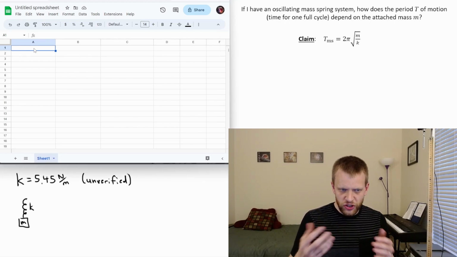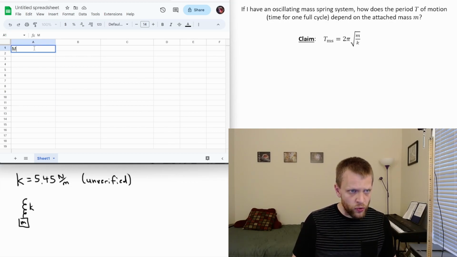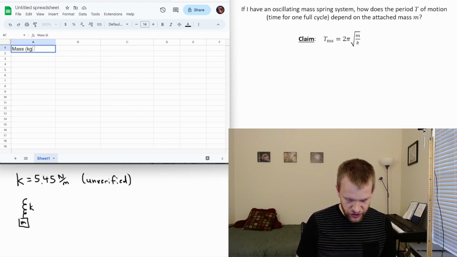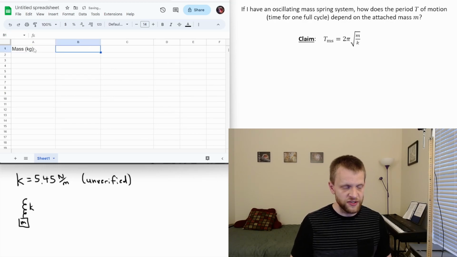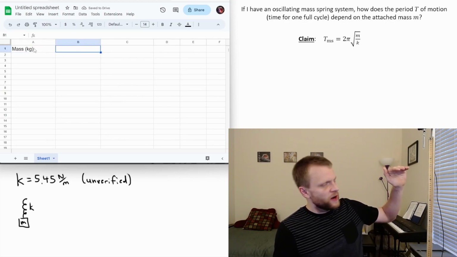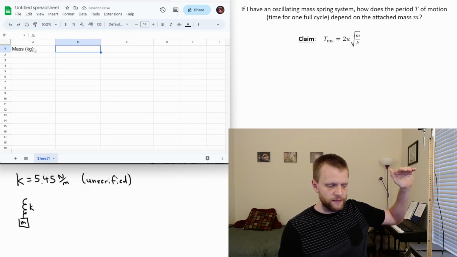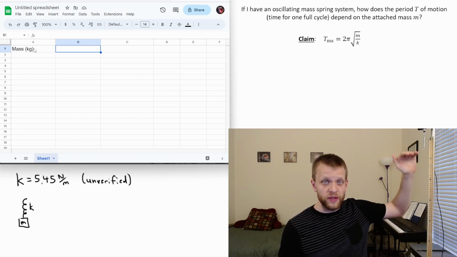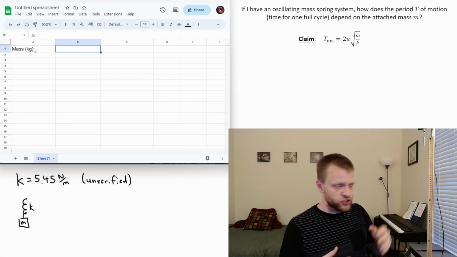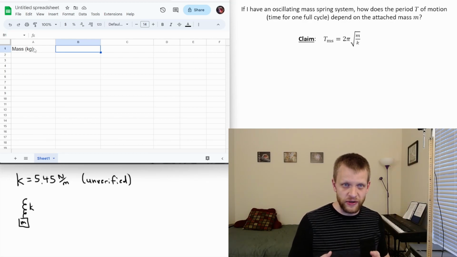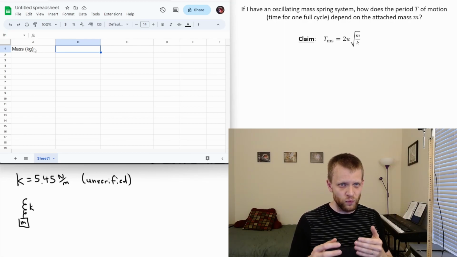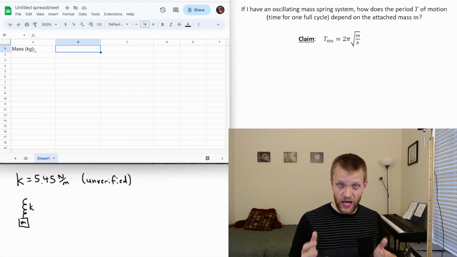Just setting up how we're going to take this data, we're going to have the mass of the object in kilograms. We're going to be recording that. If I'm trying to measure the time for each cycle of these oscillations, doing just one cycle is going to be such a short time, especially for some of the very small masses, that we're not going to get a very reliable timing measurement.